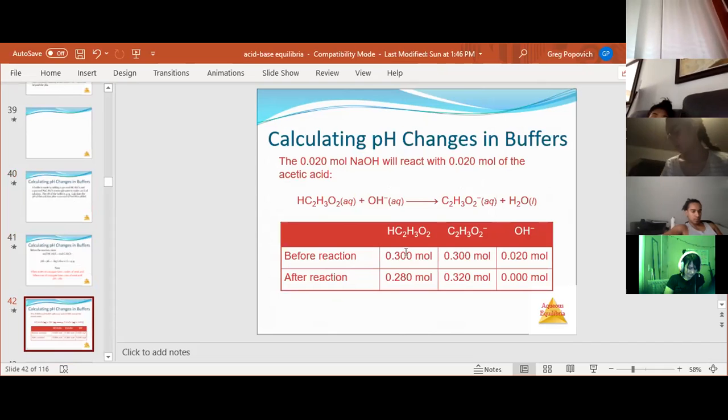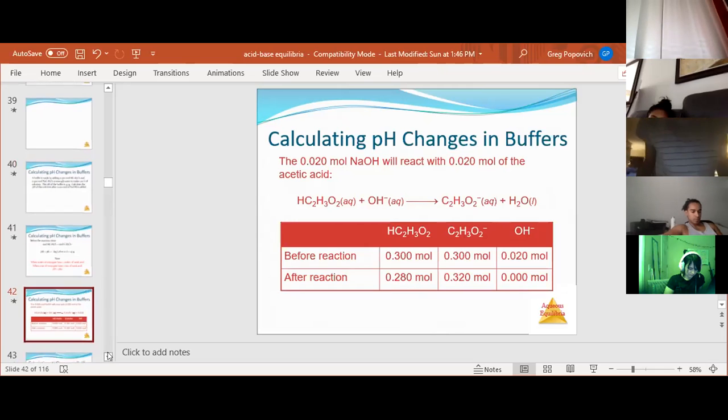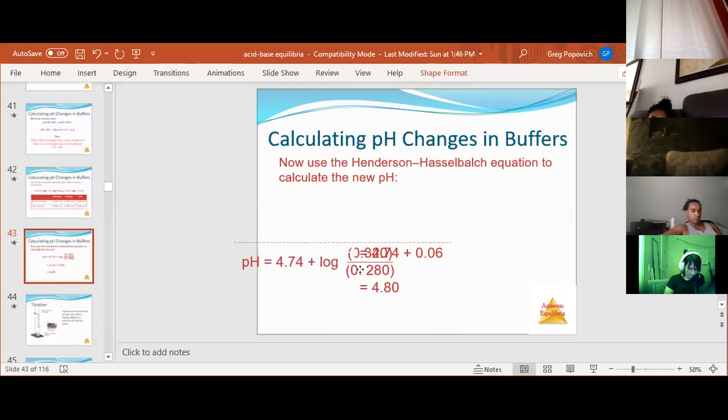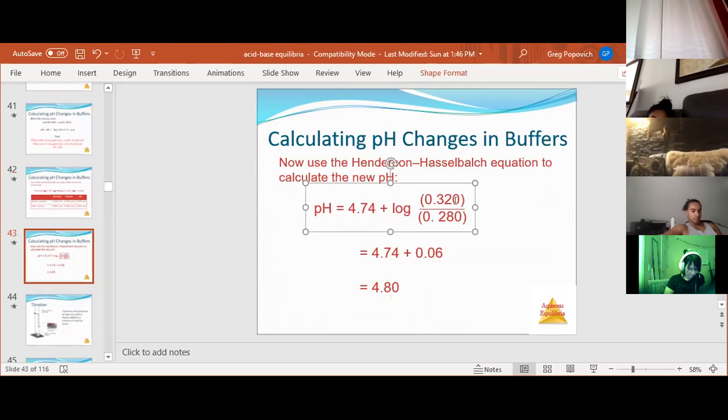Before reaction, I had 0.30 acetic acid, 0.30 acetate. If I add 0.02 to each one of those, I create the new concentrations. I plug those values into the Henderson-Hasselbalch, and I've changed the pH only about 0.06.